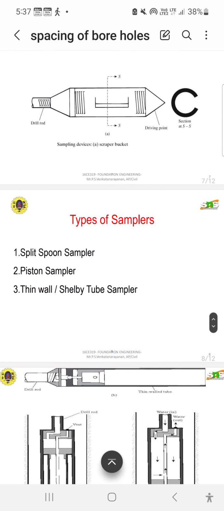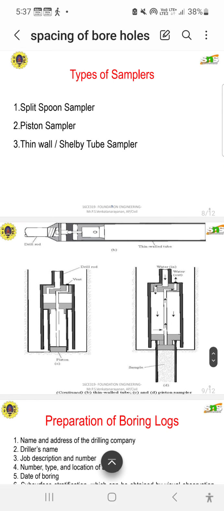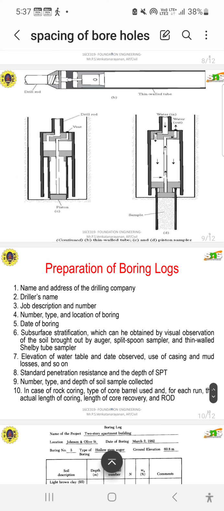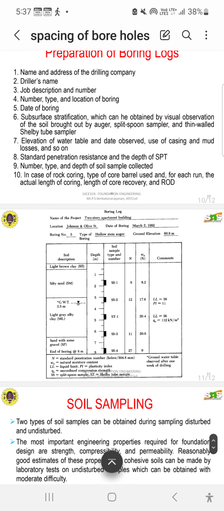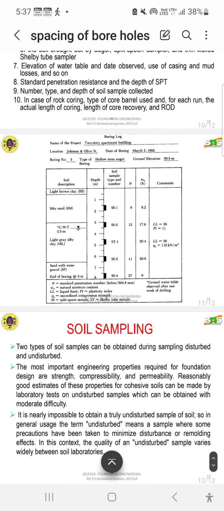Then next one is types of samplers. There are three types we have seen, and how to prepare the bore logs at our site. And finally we have seen soil sampling. These are the topics covered in our lecture.